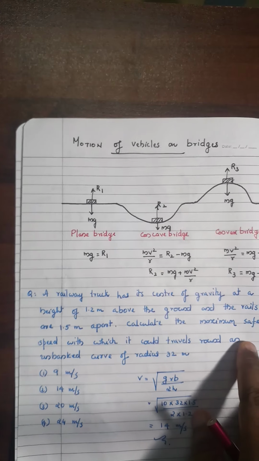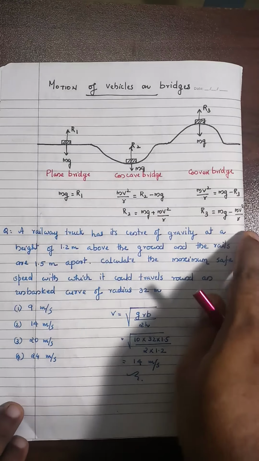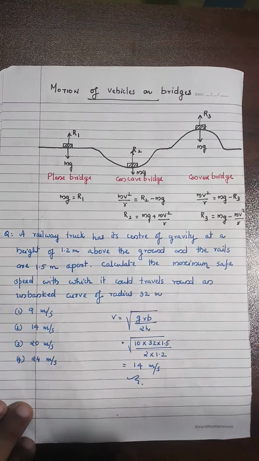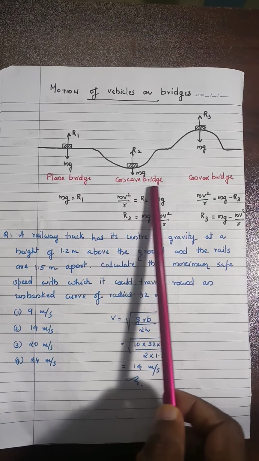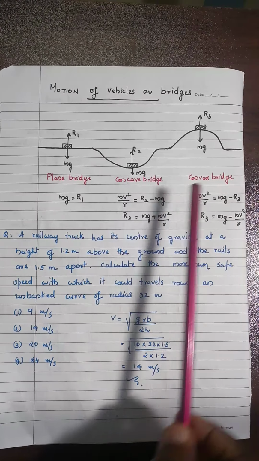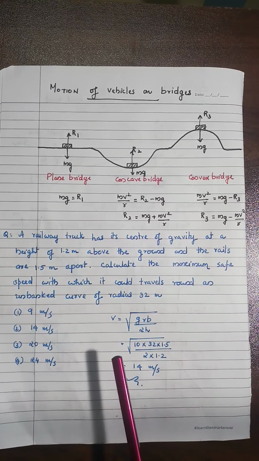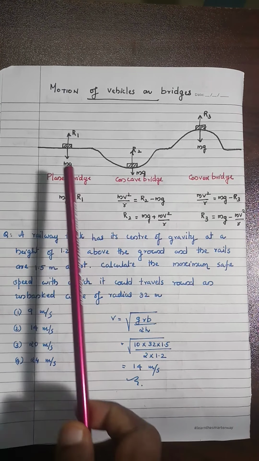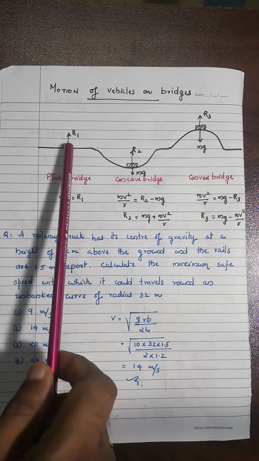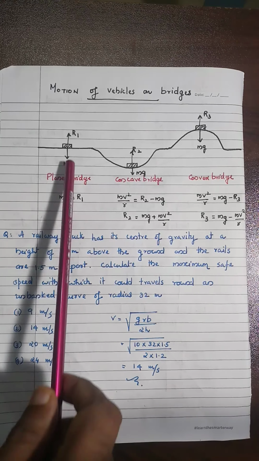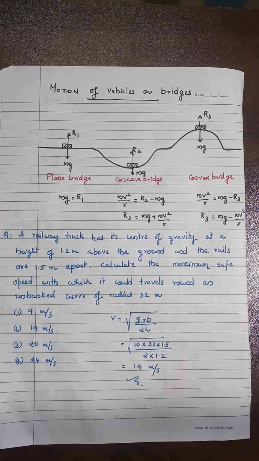Look at the very important concept, the motion of vehicles on different bridges. Here the plane bridge, the concave upward bridge, the convex bridge. The situation here is the vehicle is at the middle of these bridges. On the plane bridge, with two forces, we can say mg is balanced with R1.